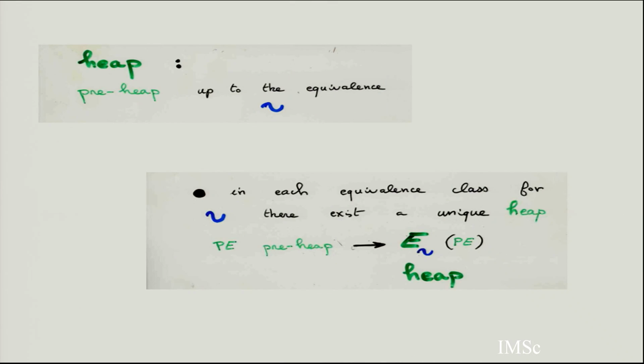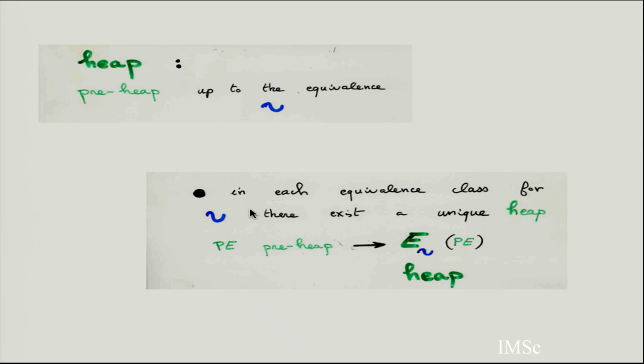So I have an equivalence relation on all the pre-heaps I can generate by doing these elementary moves. And intuitively, it's obvious that in each equivalence class for this elementary move in a pre-heap, there exists a unique heap equivalent to your pre-heap. So what is the equivalence?